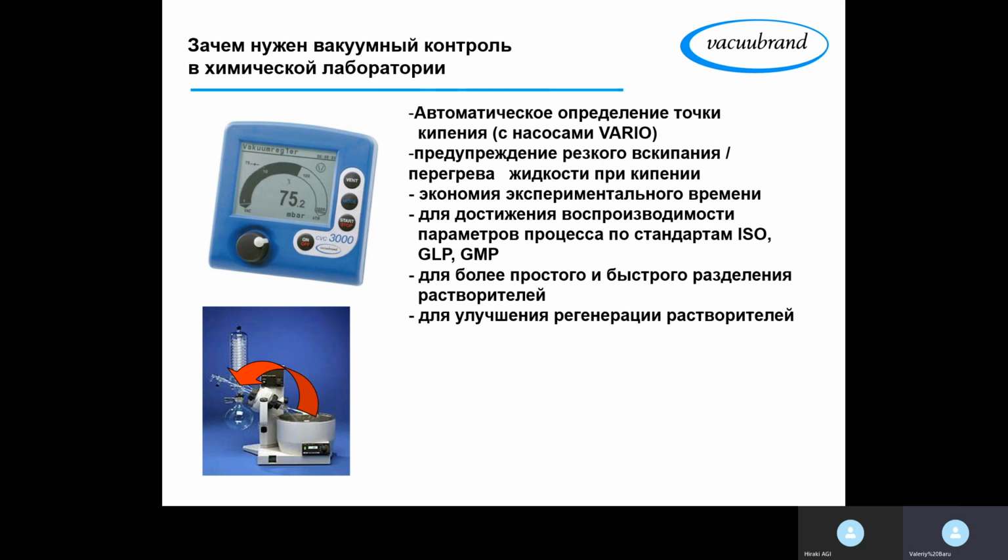At the beginning of the process, the vacuum pump starts to work, and the controller always measures the pressure inside the system. So let's separate the vacuum process into steps. At the zero moment, the pump starts to work. It measures the pressure. It is atmospheric pressure.